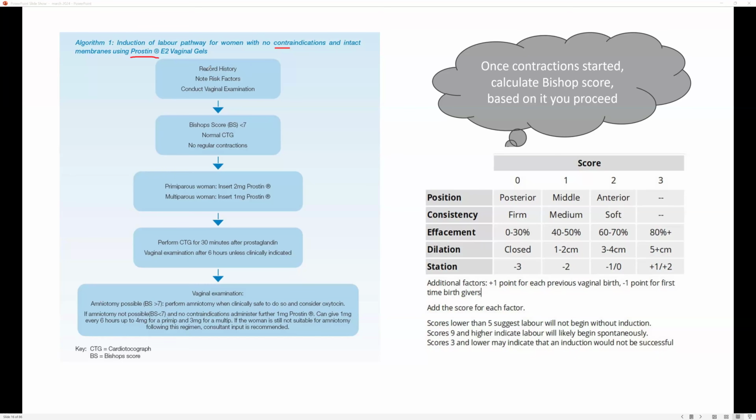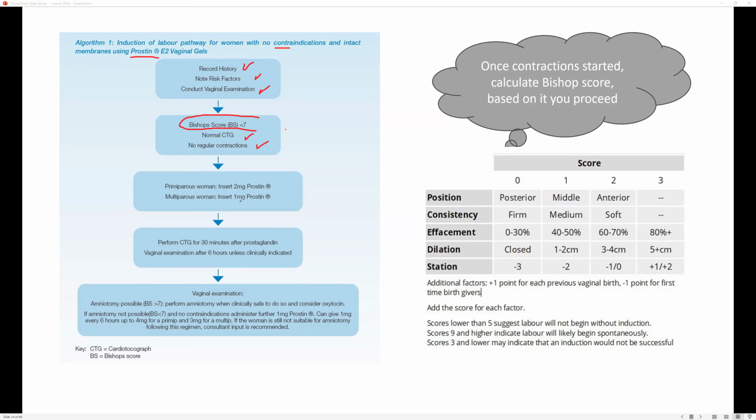You record the history, note risk factors, and conduct a vaginal examination, with a CTG if there are no regular contractions yet. In this case, if the Bishop score is less than 7 and the CTG is normal, I can advise repeating the Prostin. In the primiparous woman, it will be a dose of 2 mg.